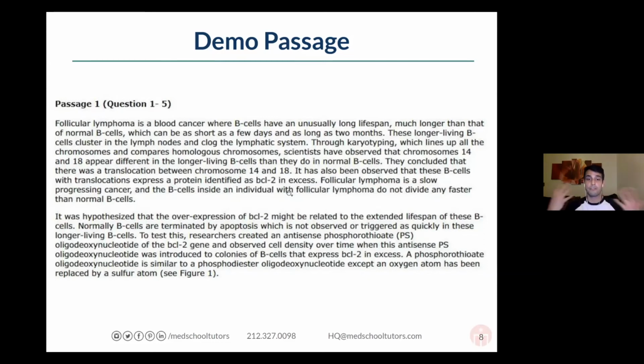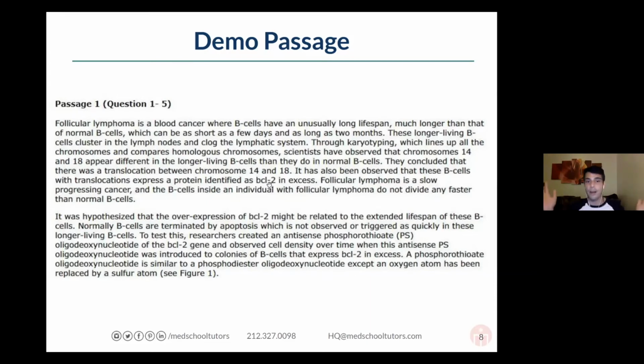And that's a little bit of content that you might need to bring to the passage to understand, but a translocation, hopefully some of you might know, is when a piece of a chromosome or a DNA strand moves to another chromosome. And really simply, that's all, right? So that's why this karyotype was different. And these B cells express BCL2 in excess.